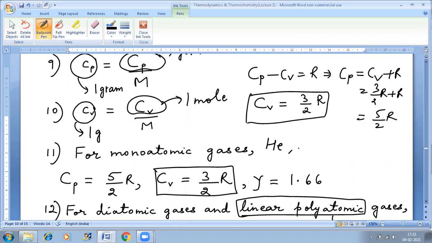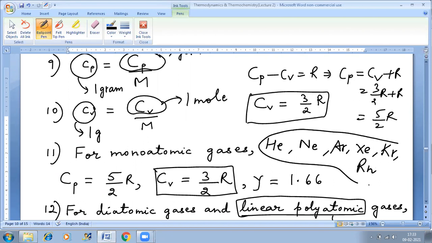If I have helium or neon, argon, xenon, krypton, radon, these all are monoatomic gases. That means they have only one atom in their molecules. So Cv is 3 by 2 R for such gases. All the inert gases are monoatomic.